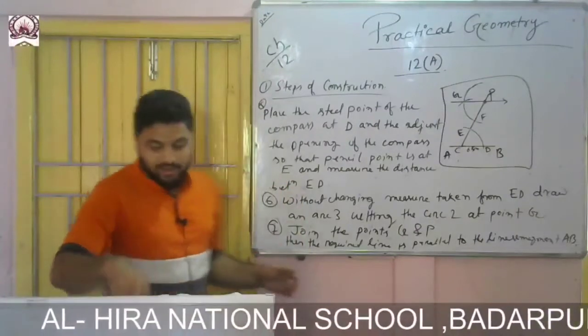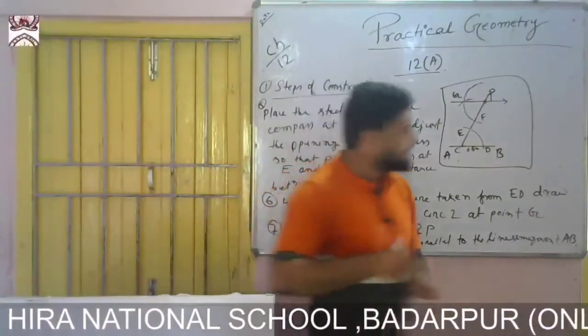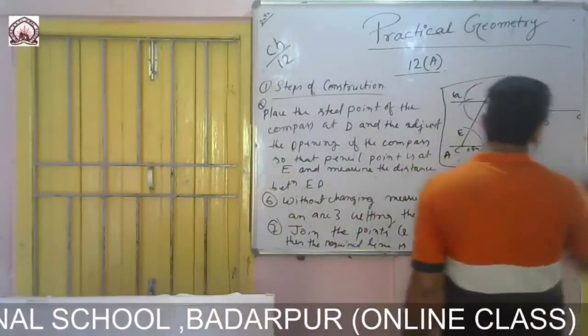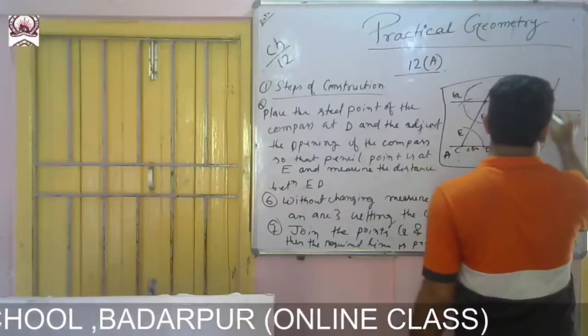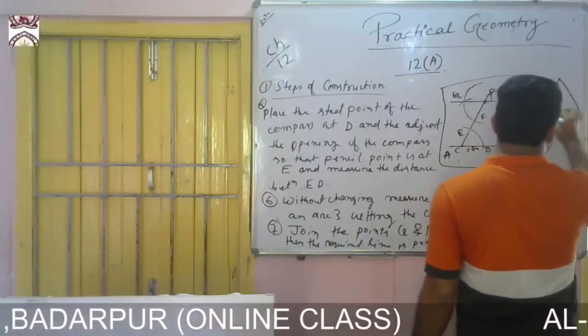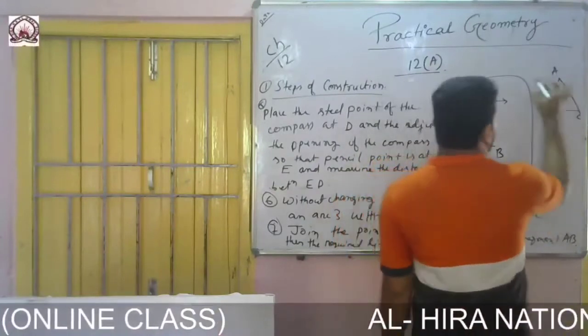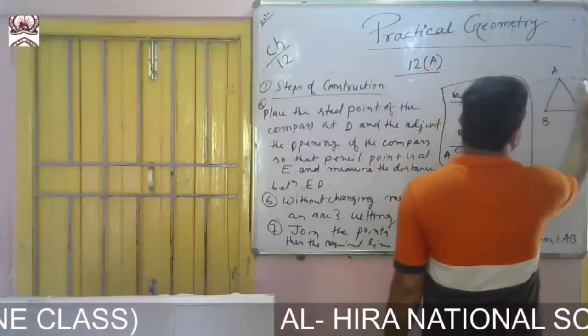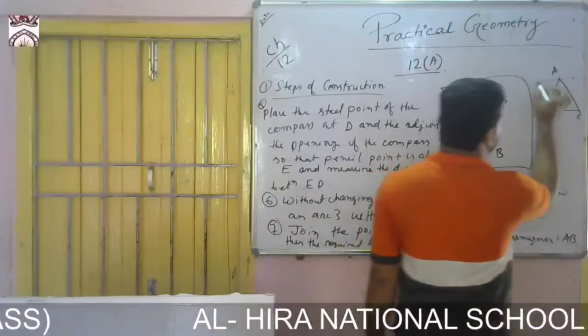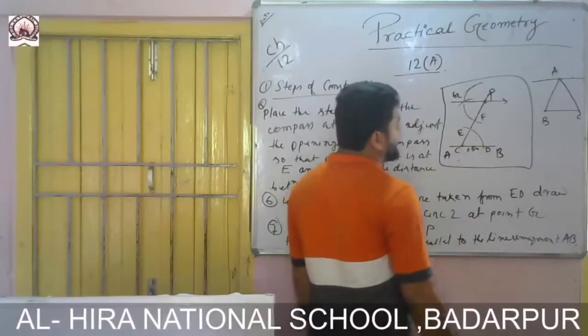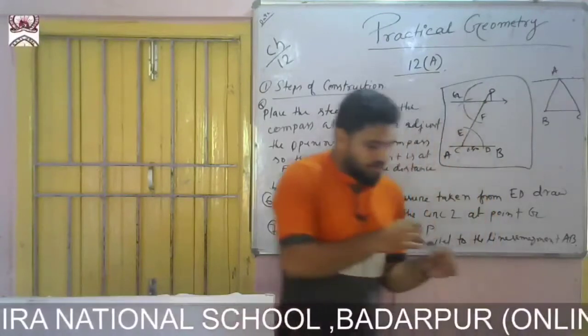The figure is like this: this is BC, and this is the point A, ABC. I need to draw a line through A which will be parallel to BC. So it is very easy, see how to draw.